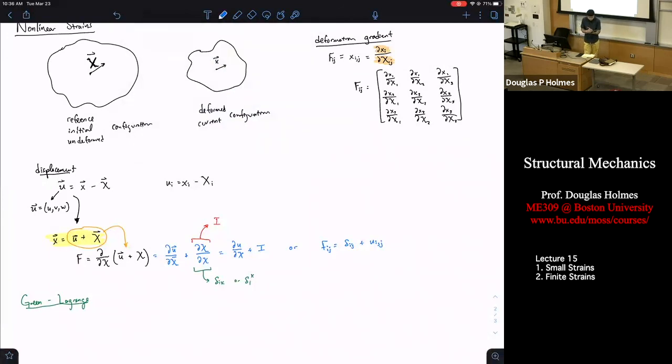It looks like epsilon, the strain tensor epsilon, is 1/2 of my displacement gradient, the transpose of my displacement gradient, times my displacement gradient minus I. Or in index notation, this looks like 1/2 FkI, FkJ.